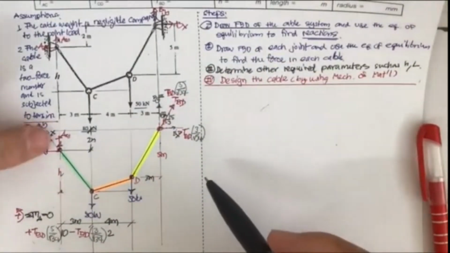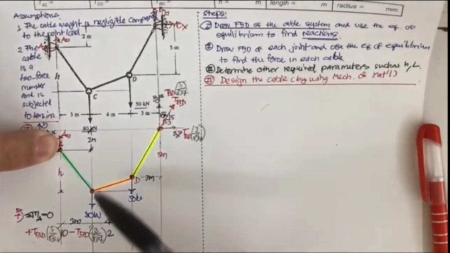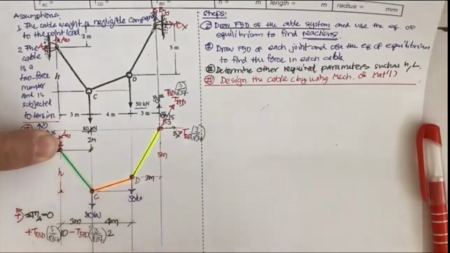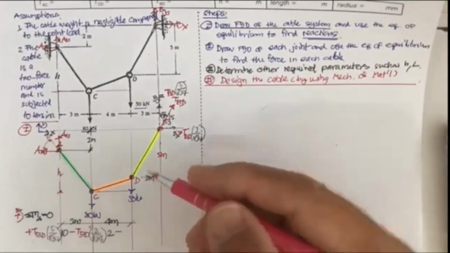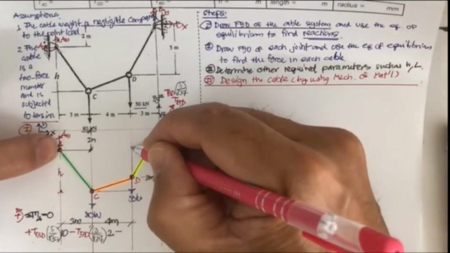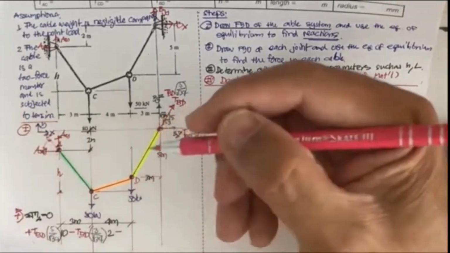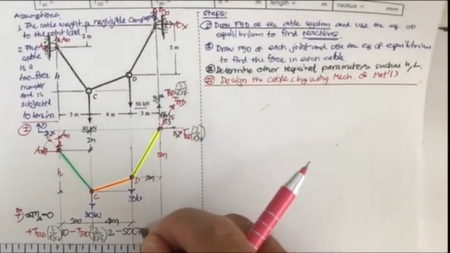And then you may see the 50 kilonewton is going to rotate clockwise, and the 80 kilonewton is going to rotate clockwise. So just minus 50 kilonewton, which has its line of action here, and the moment arm is going to be 7. It's going to be minus 50 times 7.